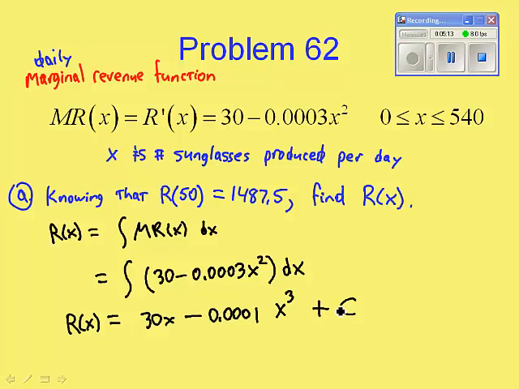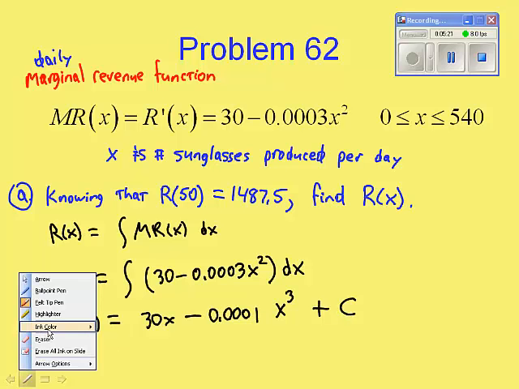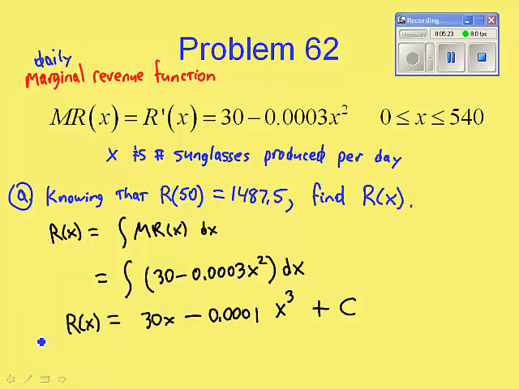Now we want to figure out what the constant is. Okay? So now, what I do next is I use this information down here in this step. And so what I do is I say, well, I'm going to plug in a 50 for x.